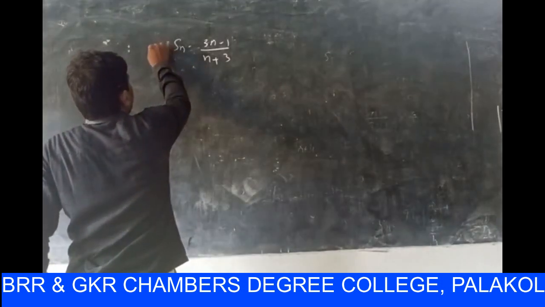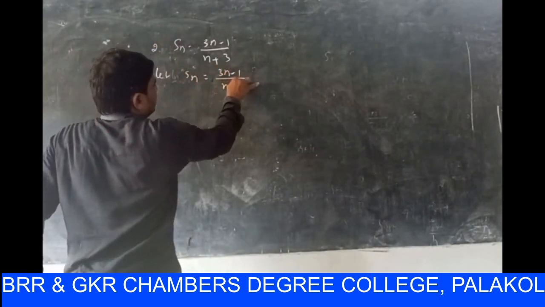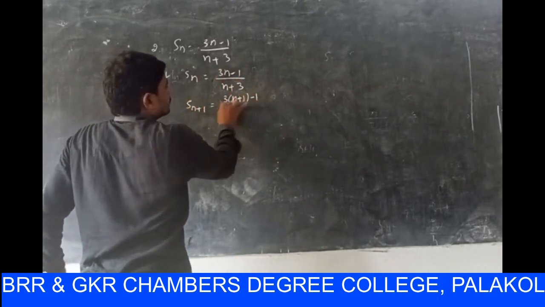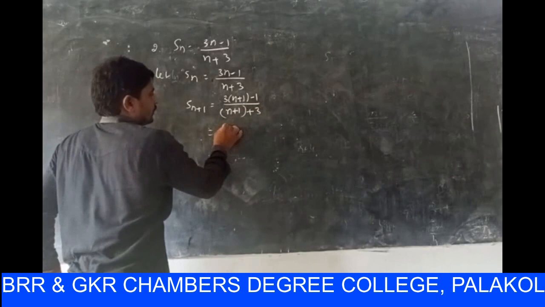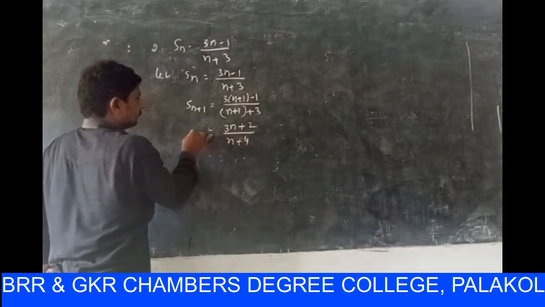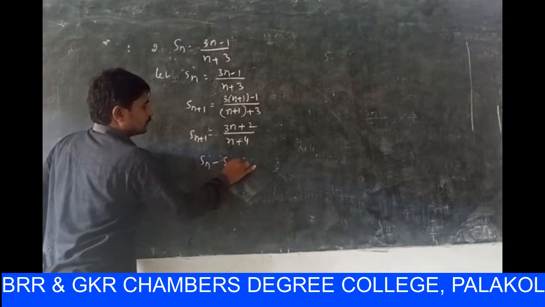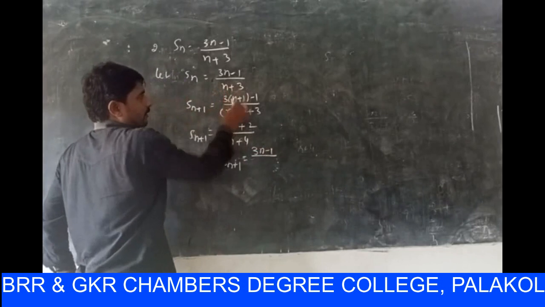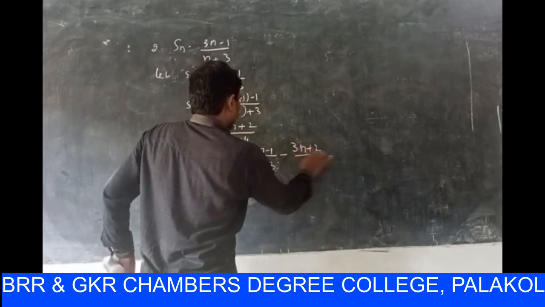For that, in this second problem, let Sn equal (3n minus 1)/(n plus 3). Then Sn plus 1 is equal to (3(n plus 1) minus 1)/((n plus 1) plus 3), that is (3n plus 2)/(n plus 4). This is the value of Sn plus 1. Now take the difference Sn minus Sn plus 1, which is (3n minus 1)/(n plus 3) minus (3n plus 2)/(n plus 4).